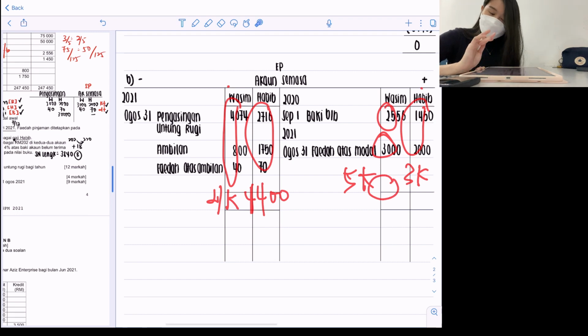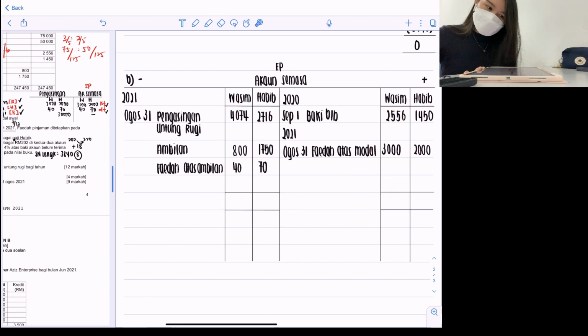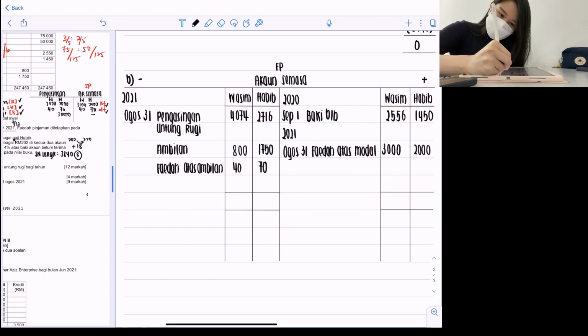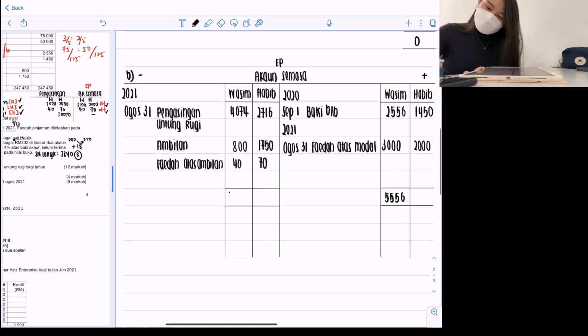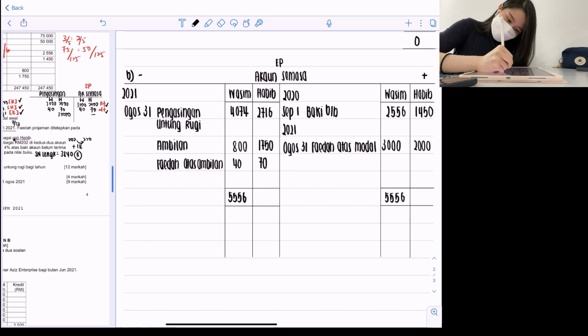Alright, so we're going to put down their total first, yeah? Wasim is credit side, so we're going to total up the 2,556 and the 3,000. 5,556. This is what I want to see. Alright, and for Habib the debit side is bigger. 4,536. And now we're going to go ahead and find the Baki HP for both of them.